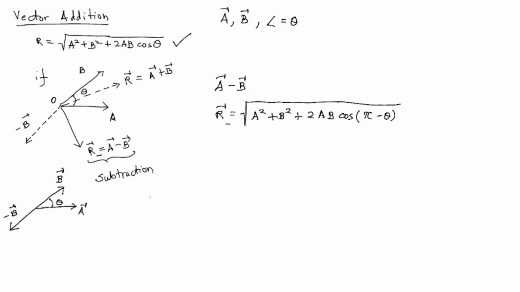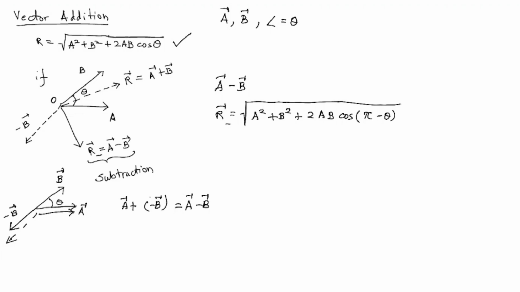Now, if we are adding a vector and b vector, the positive b vector and positive a vector give the resultant here, right? Similarly, to add a vector plus minus b vector, that means a vector minus b vector, minus b vector you can see is in this direction. A vector is in this direction.